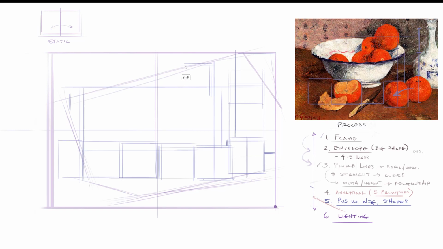And I'm just going to give that kind of simple square height and width for its placement. And then doing the same thing, kind of looking at that halfway, I'm trying to place the basic shapes for the other ones that I see in here. There's another that it's more or less kind of balanced on. That's here.